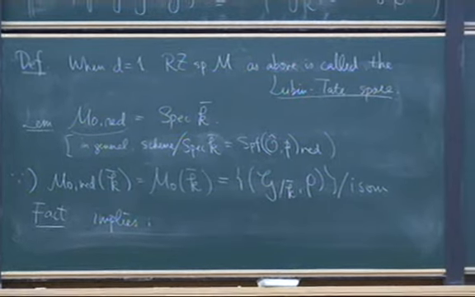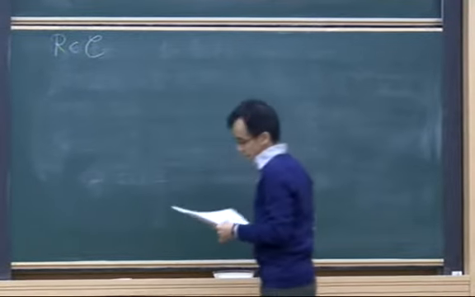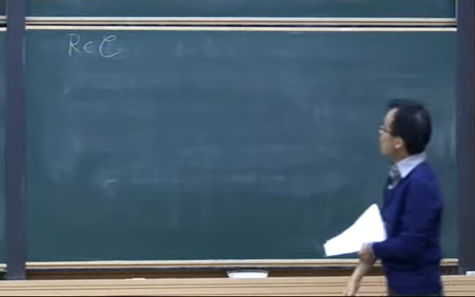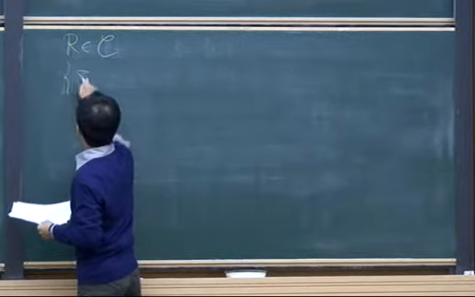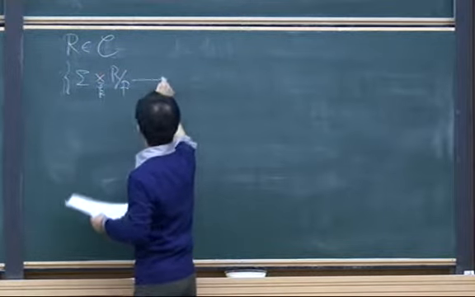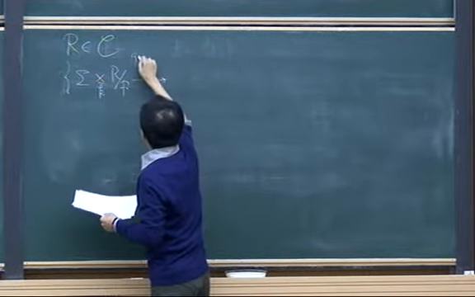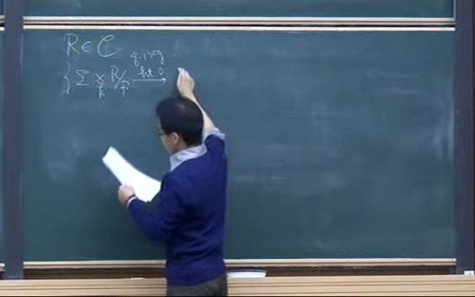So this entails the following fact. If I have an Artinian local ring, then what I had is a quasi-isogeny of height 0.